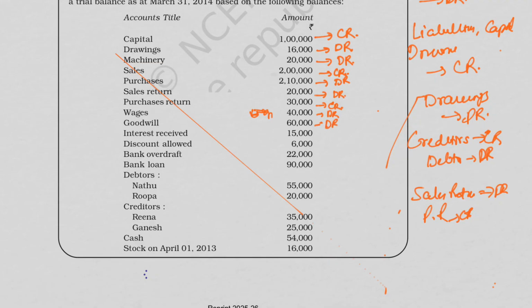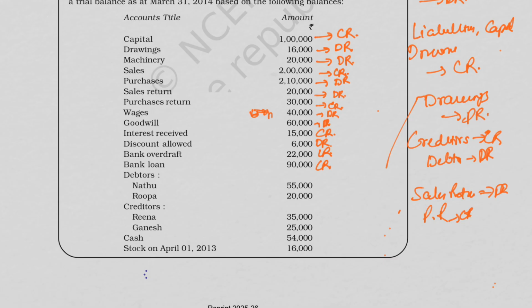Debit. Interest received is an income, so credit. Discount allowed, rupees 6,000, it's an expense, so debit. Bank overdraft 22,000, it's a liability, so credit. Bank loan is a liability, credit.